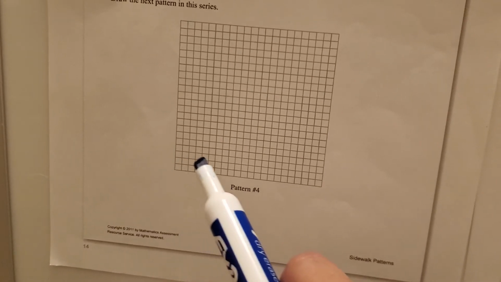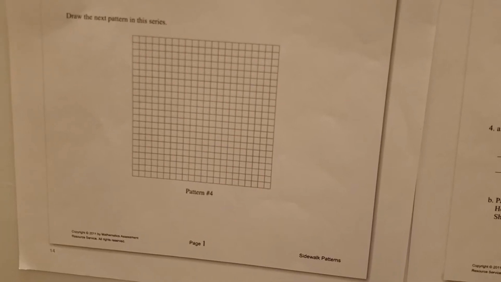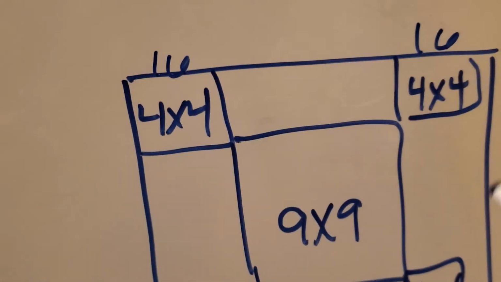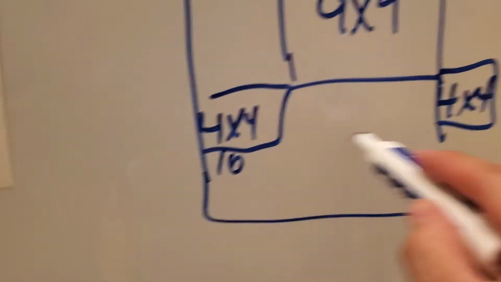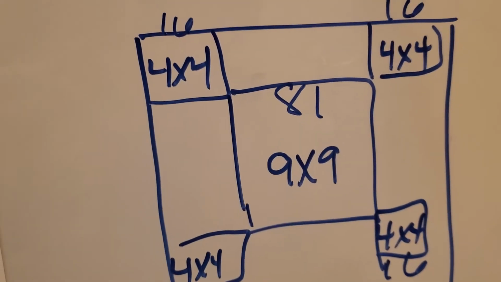There's going to be some unused boxes along the bottom and one of the sides, okay? So don't fill it in all the way, okay? So that would mean 16 in each corner, right? 16, 16, 16, and then 81 here, right? So keep that in mind.